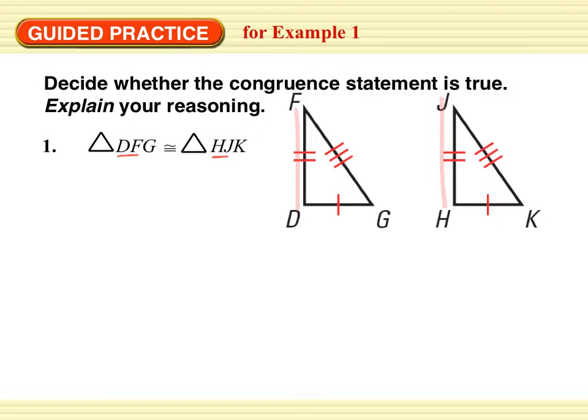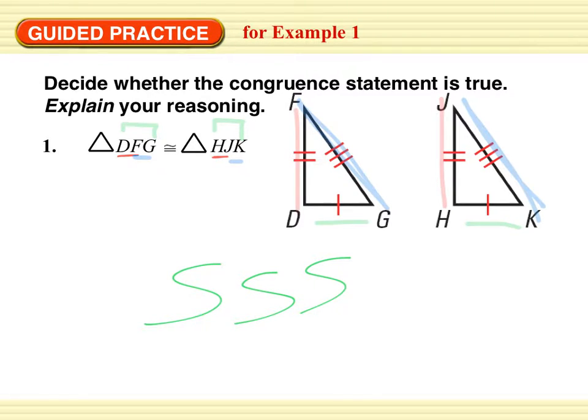Then we check 2 more. FG and JK. FG is here with 3 and JK here is 3, so far so good. And then you could check the last one, DG to HK. They both have 1. So yes, we could prove that these 2 triangles are congruent by the side, side, side postulate.